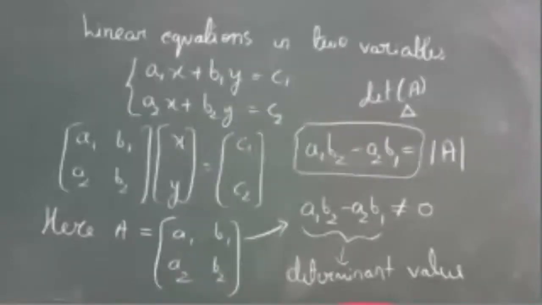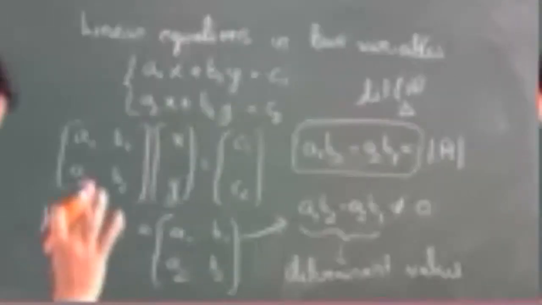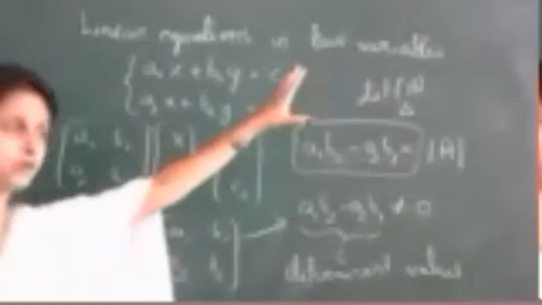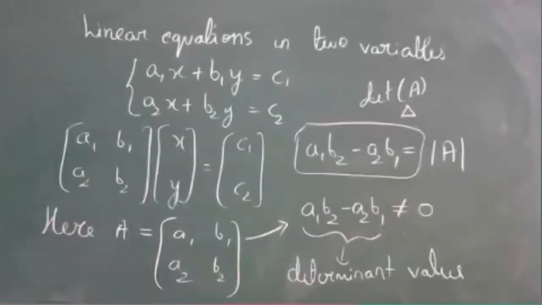If you are very well versed with the basic concepts from 9th and 10th, it will be very easy for you all to understand the concepts from here. So if you know linear equations in two variables very well, this concept must be clear to you now. I hope it is clear to everyone.